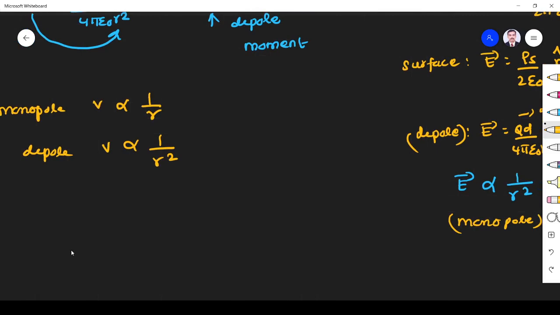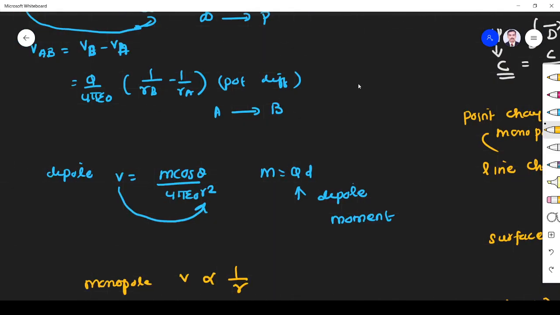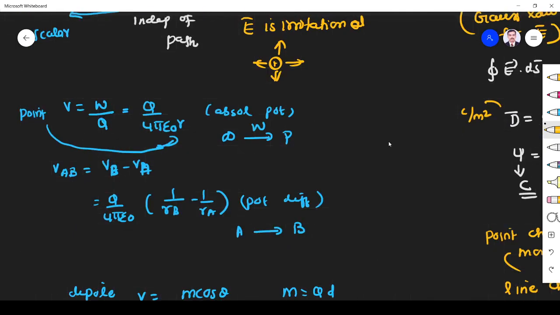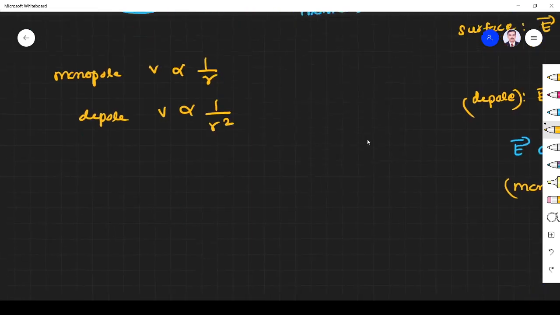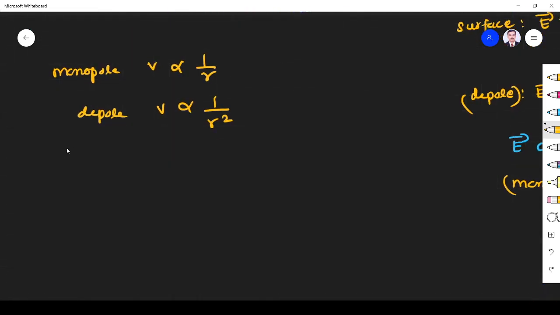Fine. Next thing we have to remember is with respect to scalar. So why are we studying potential? Potential is the scalar quantity which is easy to deal with. So from scalar we have to remember two important formulas. One is the Poisson equation, del squared V is equal to minus rho V by epsilon naught.